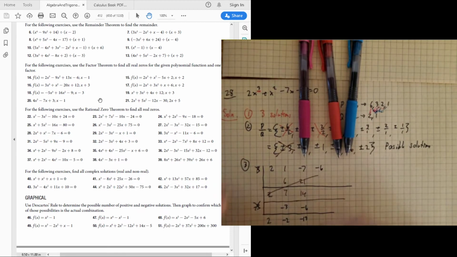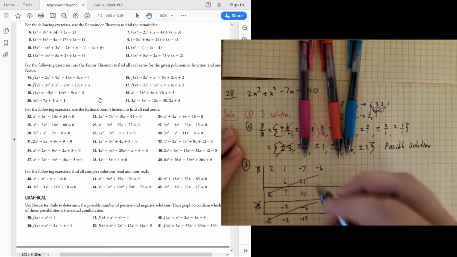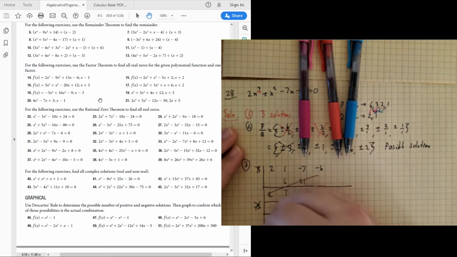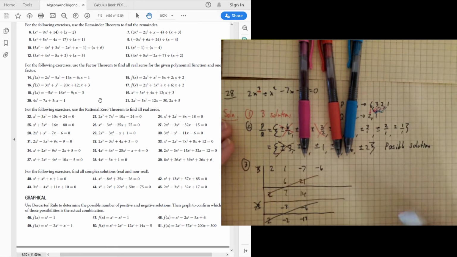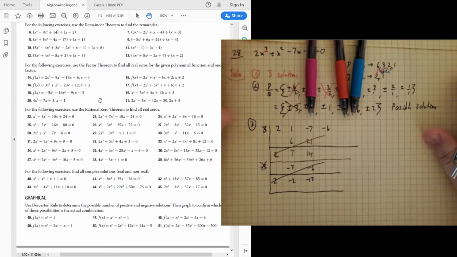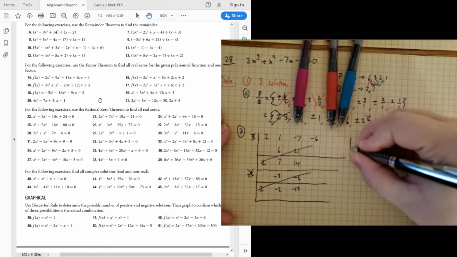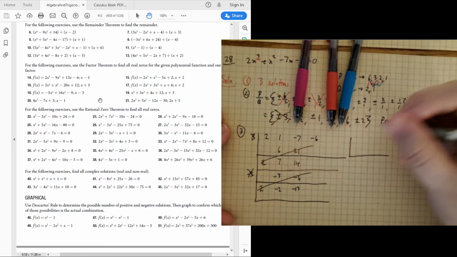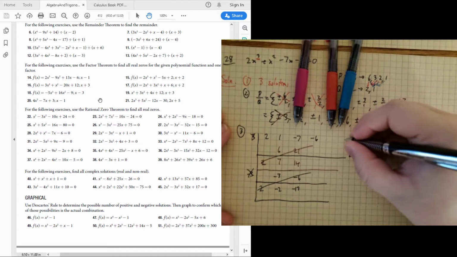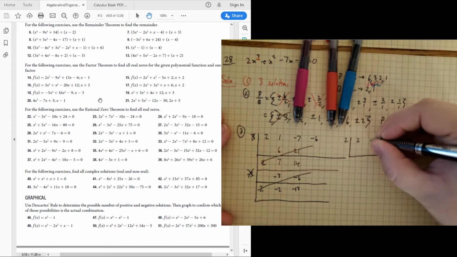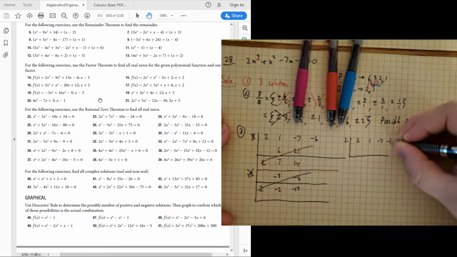Okay, so again, I'm at 2, 1, -7, -6. Some people like to do them separately. That works. You're welcome to do that. In fact, I might show that next. So I would come back here and try it again, but now with 2. So we do 2, 1, -7, -6.